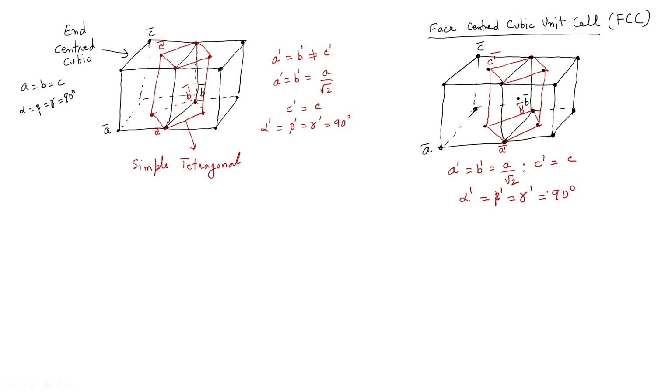So, I have orthogonal angles. Again, this should suggest to me that this should belong to the tetragonal crystal system, and this time if I were to look at what the lattice is, in this case I have lattice points at the corners and I have a lattice point in the body centered position, which means that this should be body centered tetragonal.